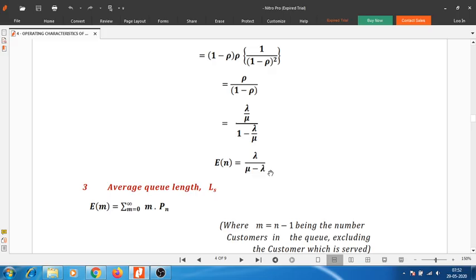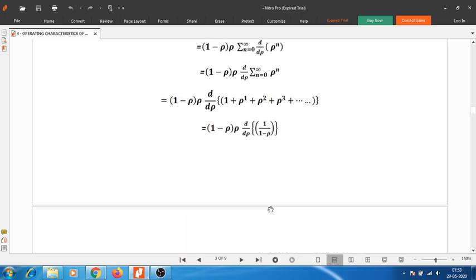What is the mu here? Mu is the service rate. Are you okay? Right. Good. So the expected number of customers in the system, LS, is equal to lambda by mu minus lambda. Agreed?